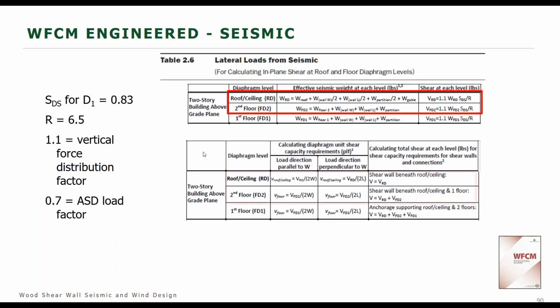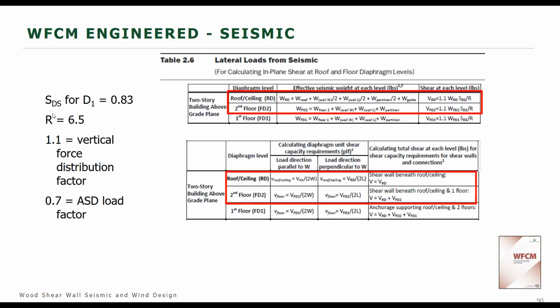And then the bottom part of this table has to do with calculating the shear at each level for the shear capacity requirements of shear walls and connections. You can see this equation right here may be a familiar equation to some of you who use this approach from ASCE 7-10, which is a simplified approach for determining the seismic loads for a building. There are some minimum and maximum requirements to use this approach, which the wood frame construction manual fits nicely into.